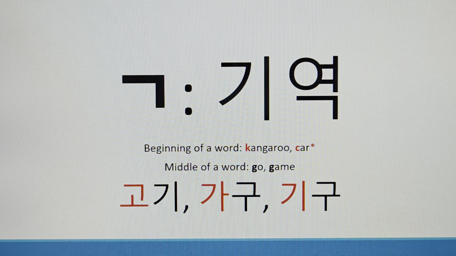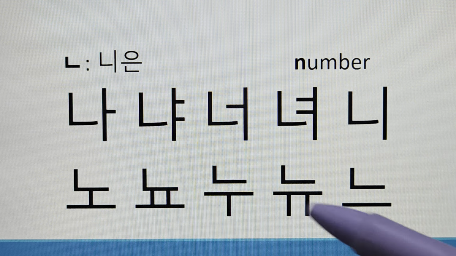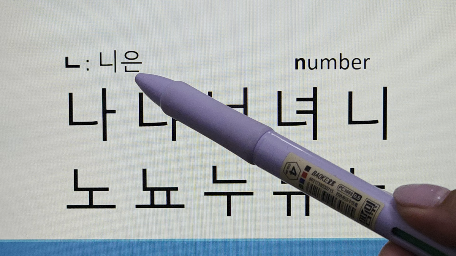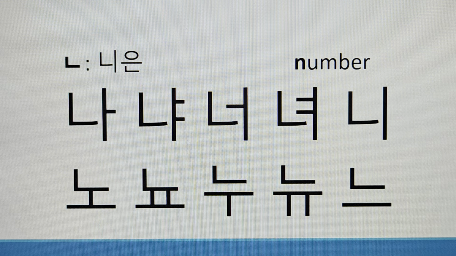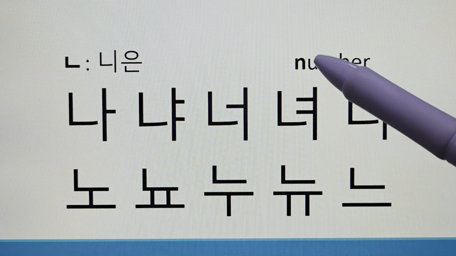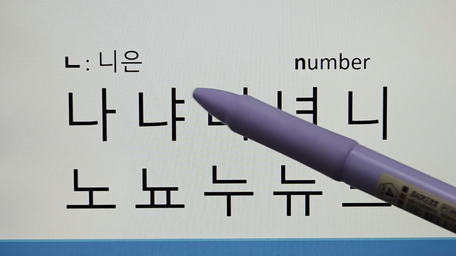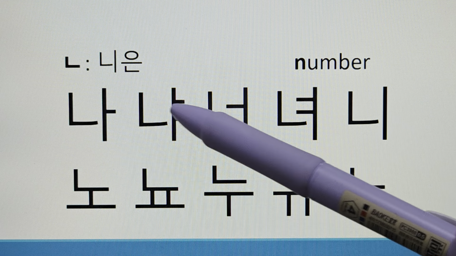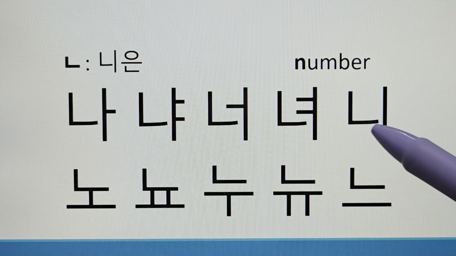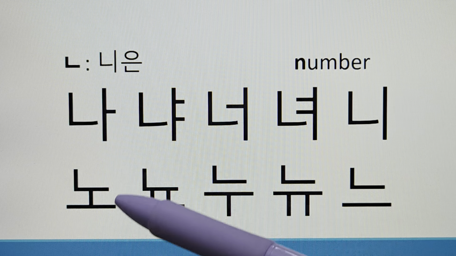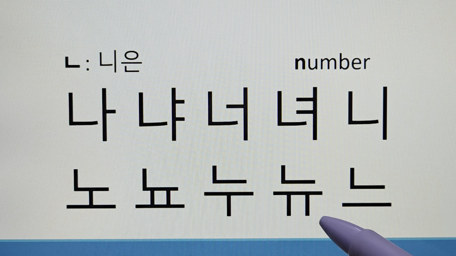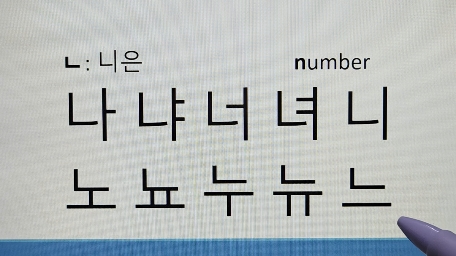The next consonant is 니은. Here you can see the 니은. This makes a sound N in number. N. So let's read the syllables. 나, 냐, 너, 녀, 노, 뇨, 누, 뉴, 느, 니.